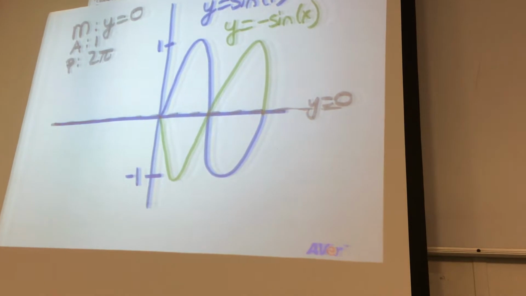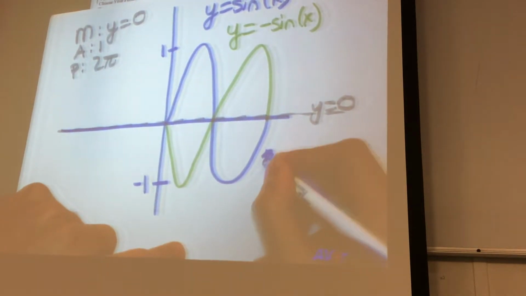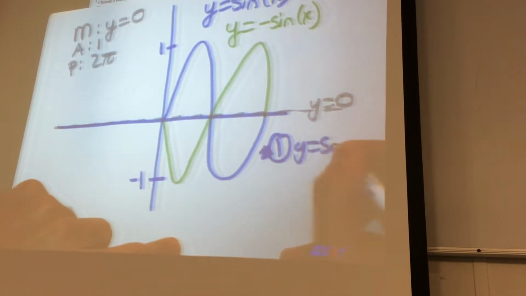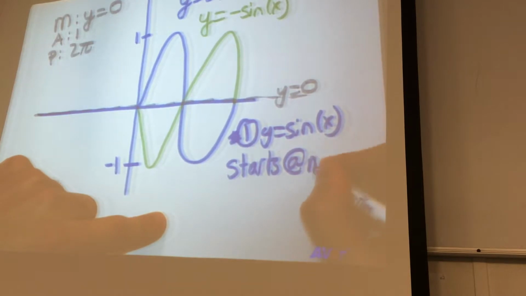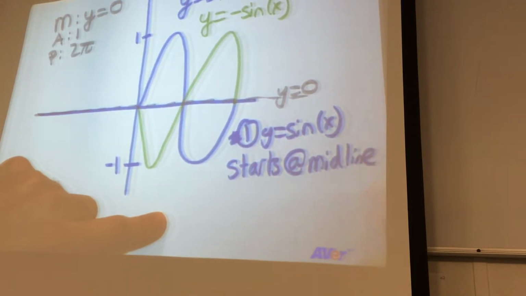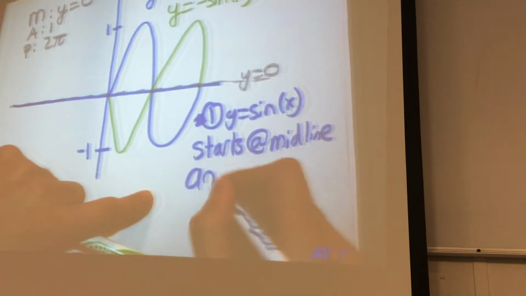I'm going to write that down. Point number 1, y equals sine of x starts at the midline and goes up.